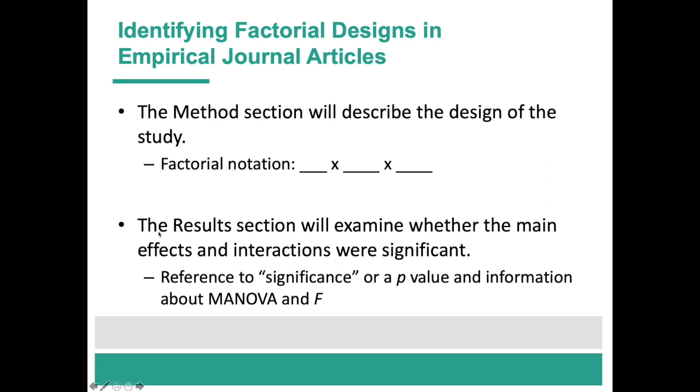Often the results section will examine whether there's a main effect and interactions were significant. So you'll want to look for any talk of interactions, or another term for it is moderation. If you see interaction or moderation, that's a hint that they used a factorial design and they're looking at interactions.